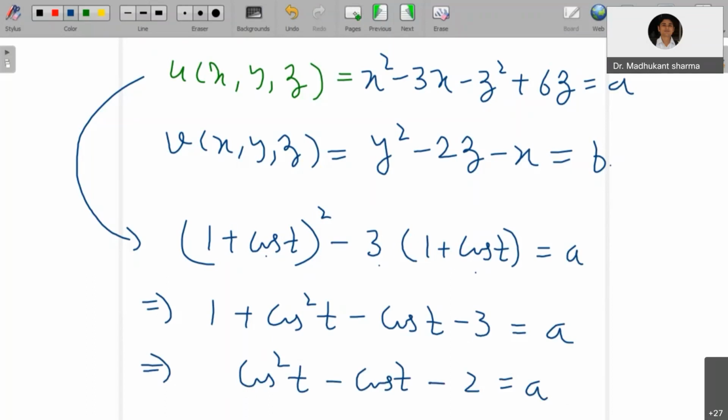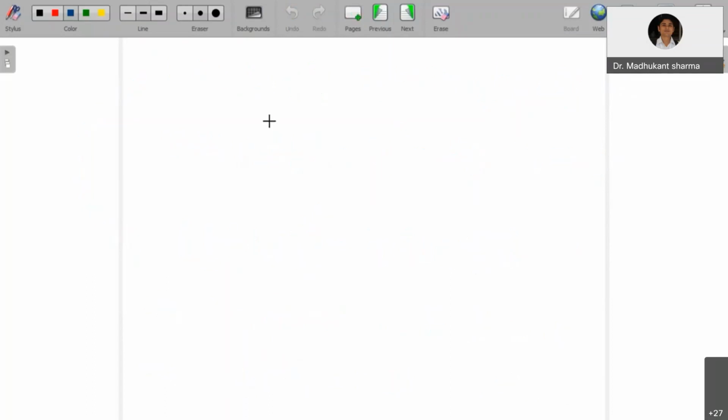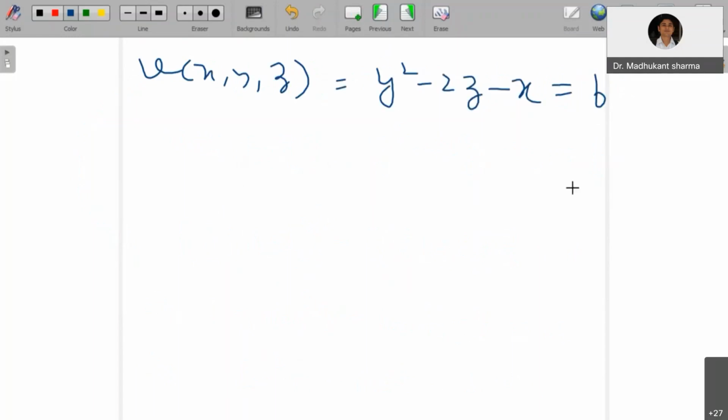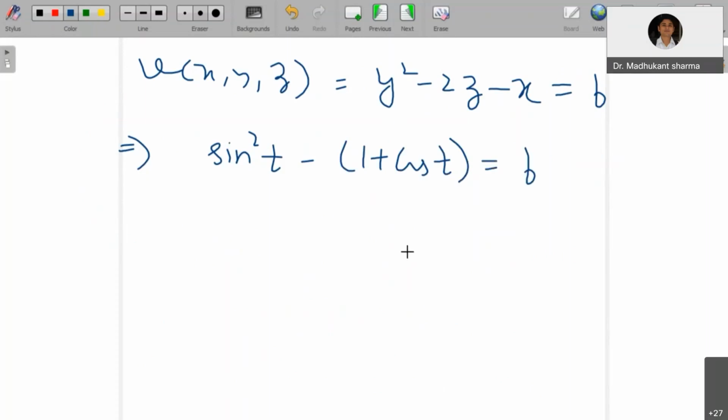Now the second equation: v of x, y, z is equal to y square minus 2z minus x equals b. That will give you sin square t minus, z is 0, minus 1 plus cos t is equal to b.